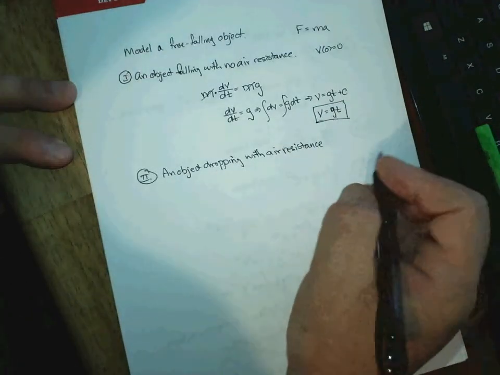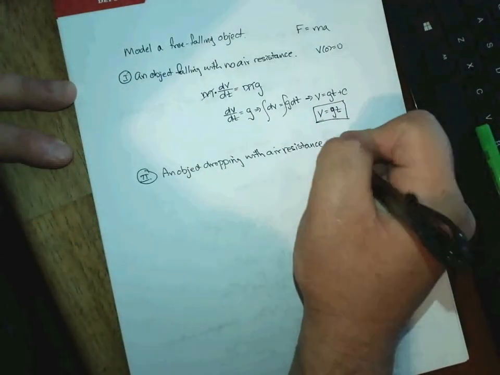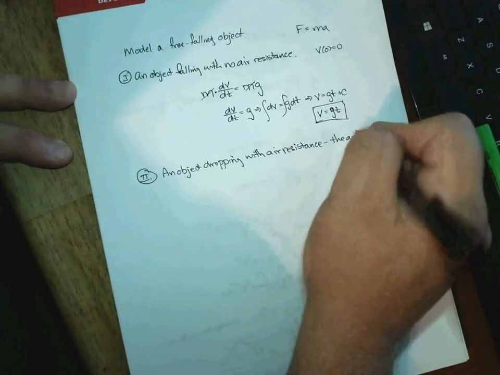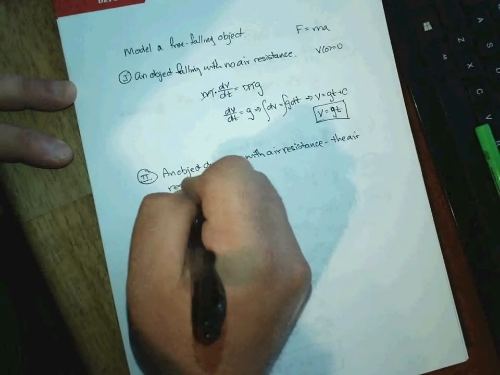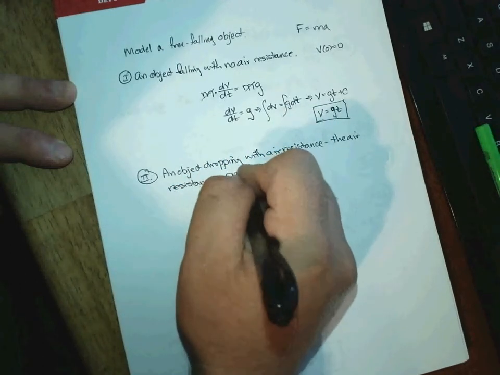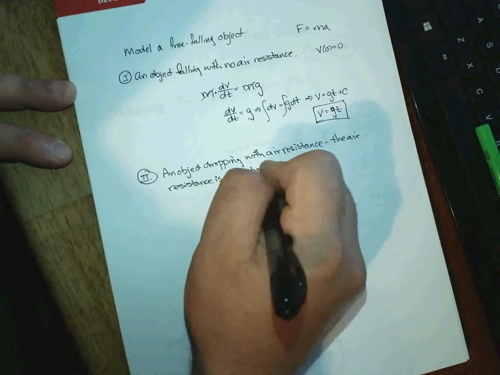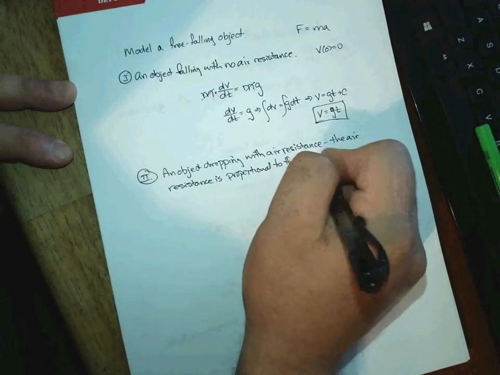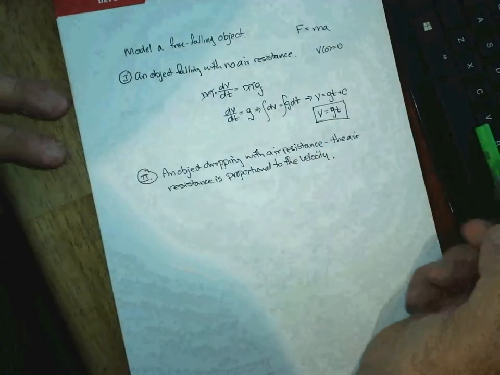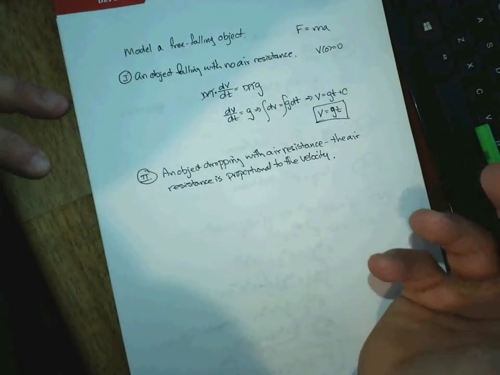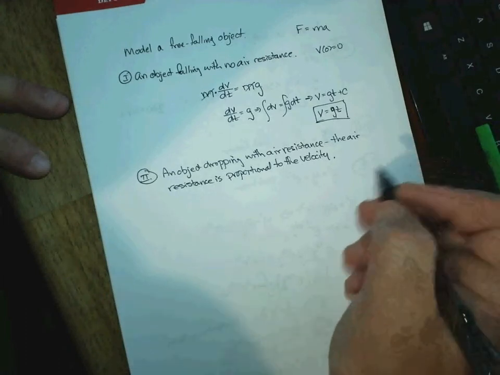In this one, we model the air resistance as proportional to the velocity. So as the velocity increases, the force of air resistance increases as well in a linear fashion.